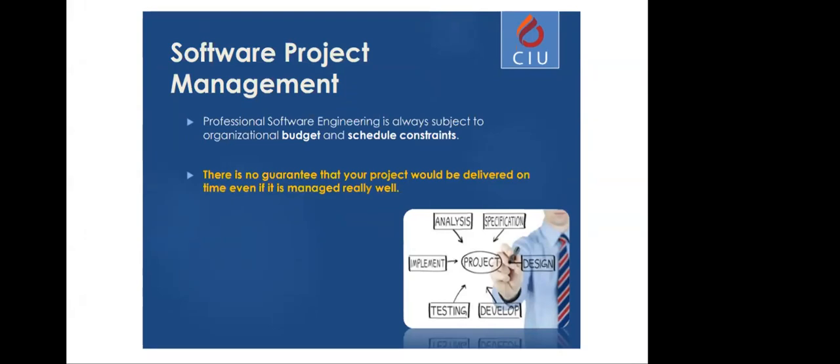Even if the managers are managing the people and the resources rightly, there is no guarantee that the software will be delivered on time or within that specific budget. There are specific reasons for this. The most unpredictable one, I would say, is the nature of the software. Software, as we discussed in the first lecture, is an abstract, intangible concept.